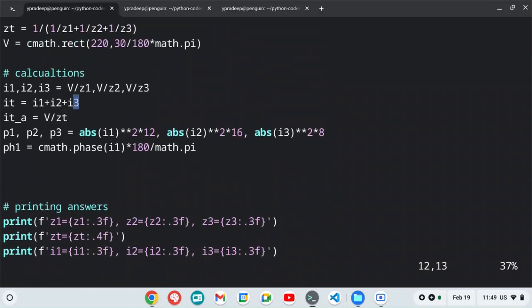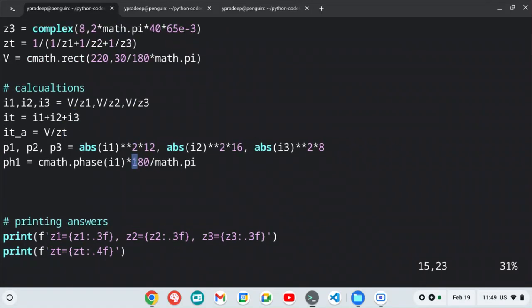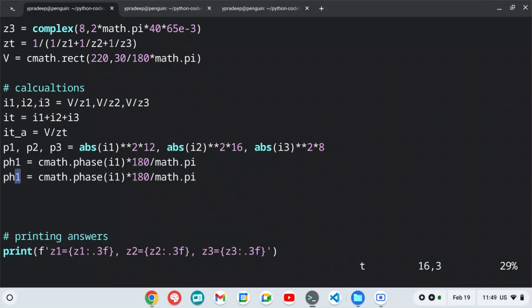So here I'll just copy this. Here PHT, which means phase of the total current, so I will use IT.